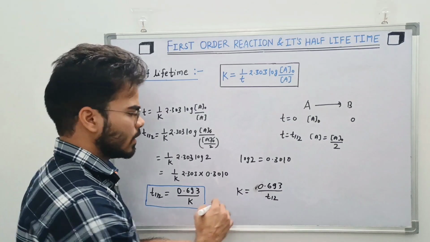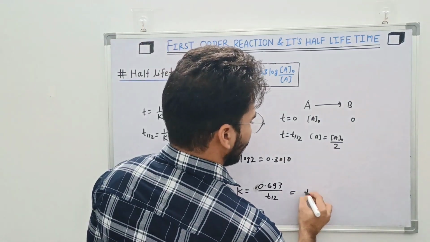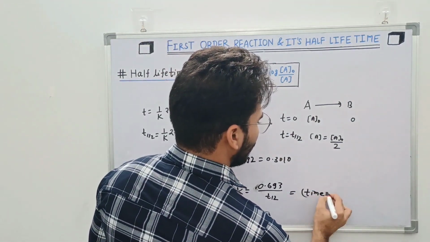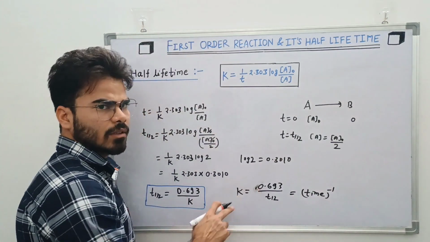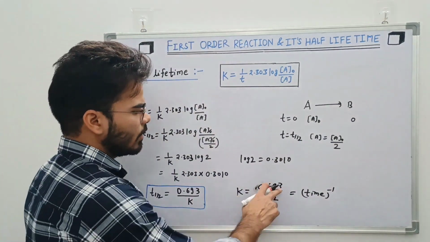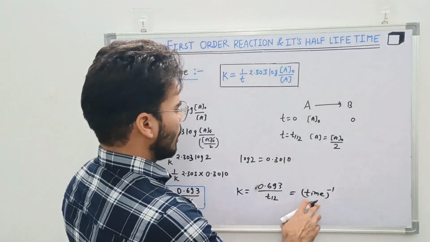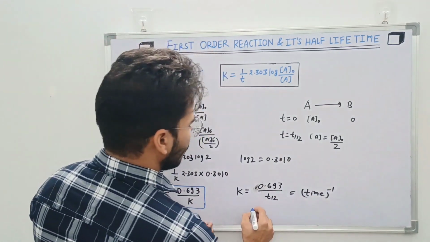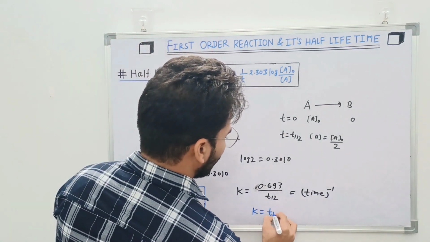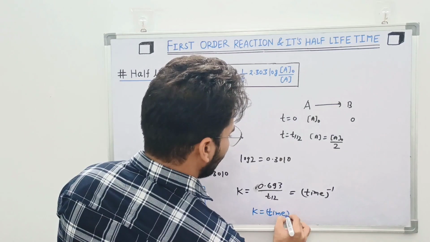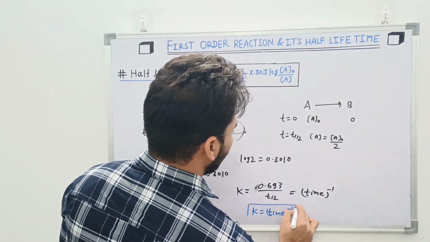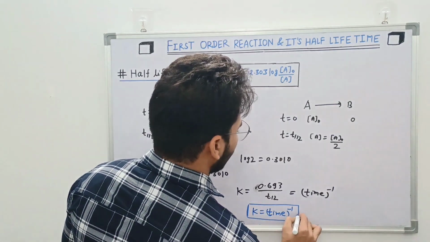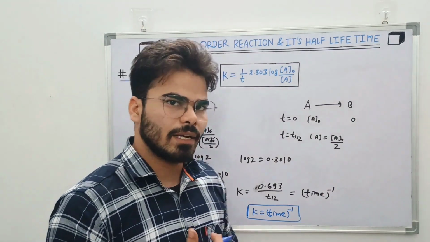Here 0.693 is a constant, so it has no unit, and T half is time. So the unit of our rate constant will be time inverse, because the constant has no unit and this is time. So K is equal to time inverse, that can be hour inverse, minute inverse, second inverse.